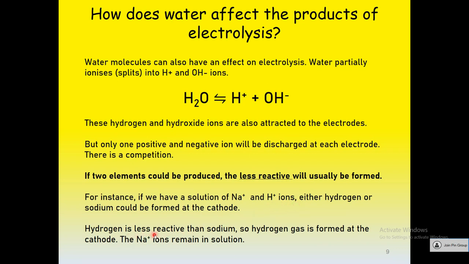So hydrogen is much less reactive than sodium, so it's the hydrogen gas that is formed at the cathode, and the sodium ions just remain in the solution. So when we've got sodium and hydrogen ions, hydrogen gas is the one that is formed. That's the least reactive.